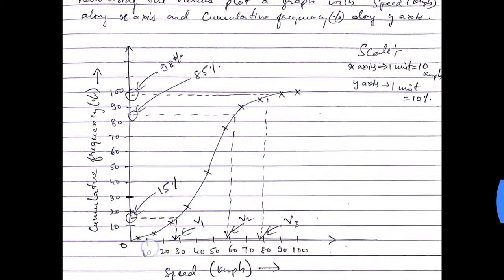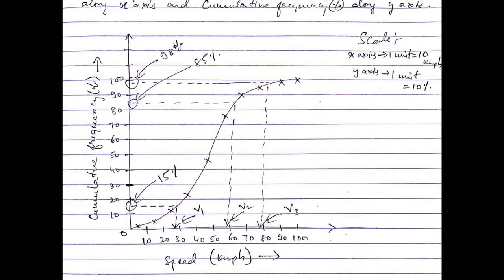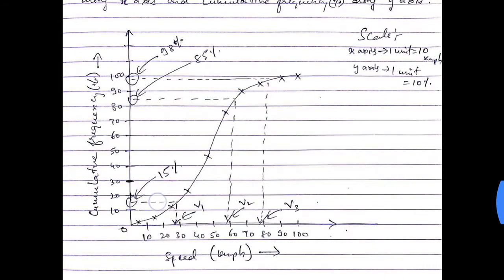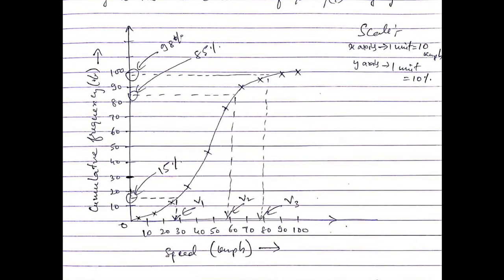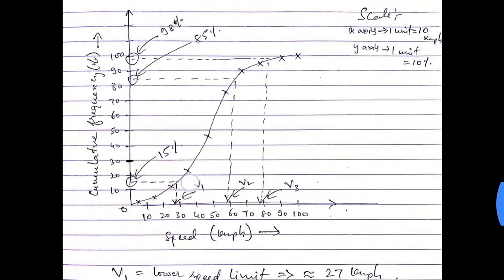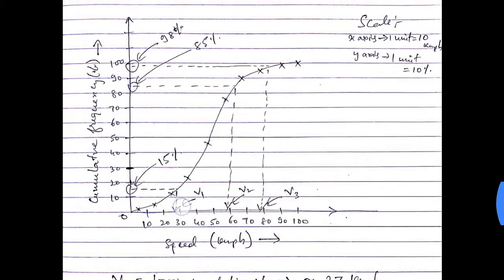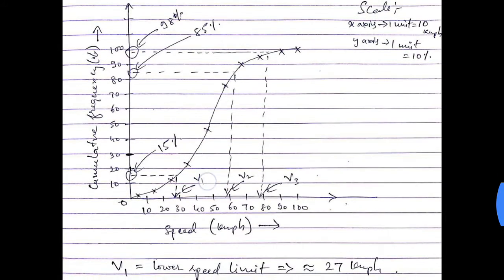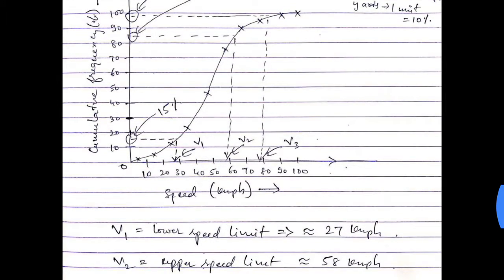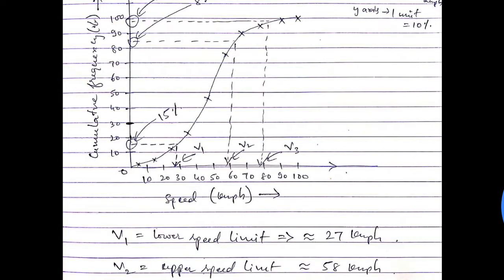Along the y-axis you take the point 15 and extend a horizontal from this point. It will intersect the curve at a point. From there you drop a perpendicular to the bottom, and you have a speed value, which is v1. This is the lower speed limit.